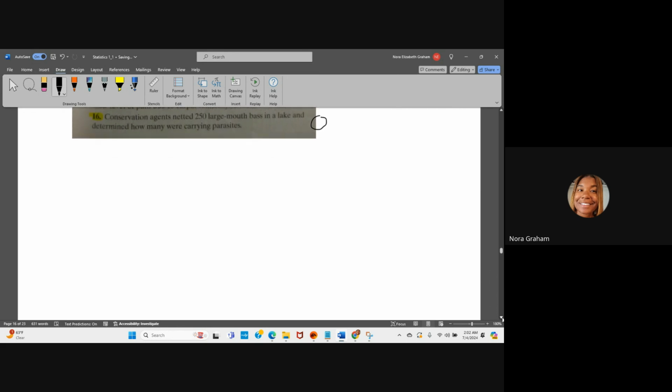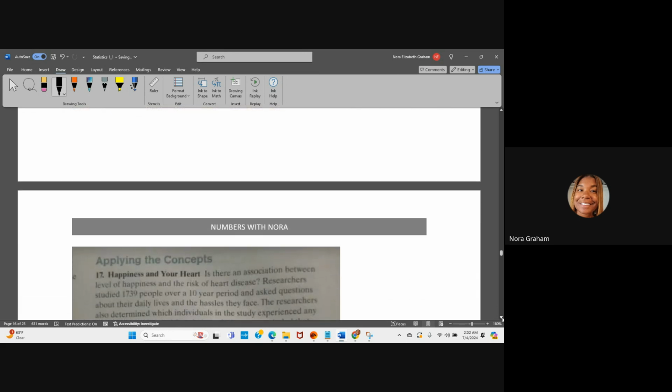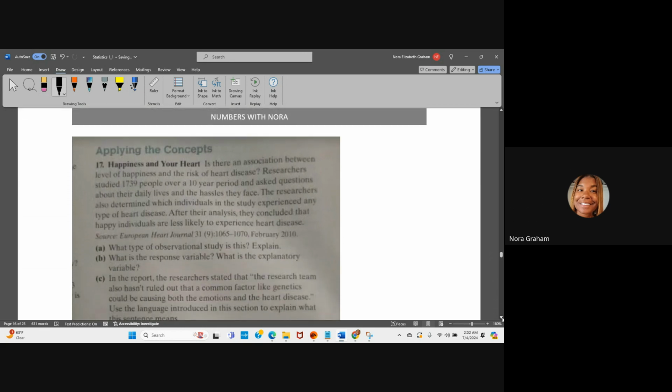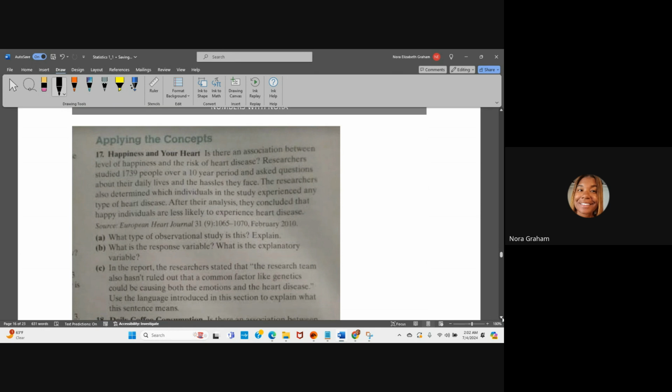All right. So let's go to the next one. For these ones, it's applying concepts. It's giving you real cases or statistics examples or experiments that have been conducted, and we have to choose from A through D what they're asking us.